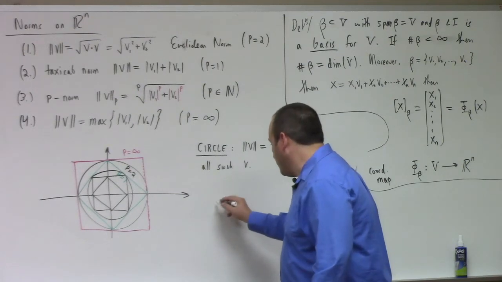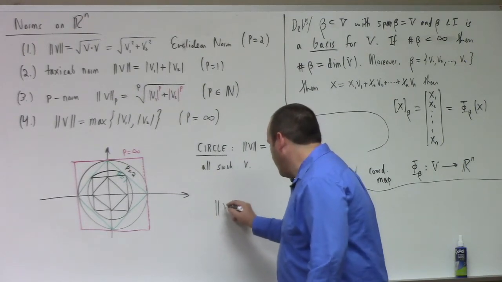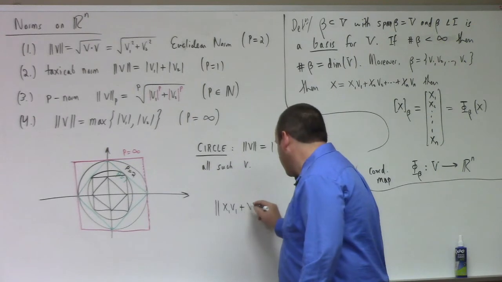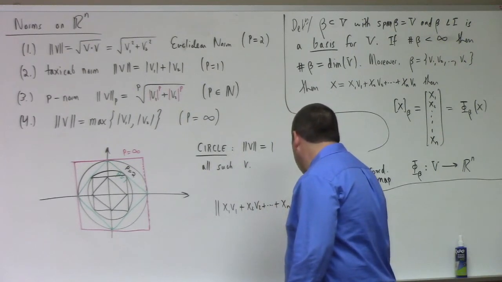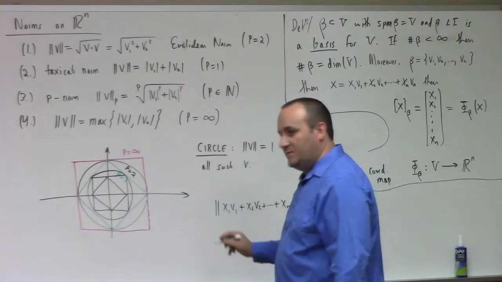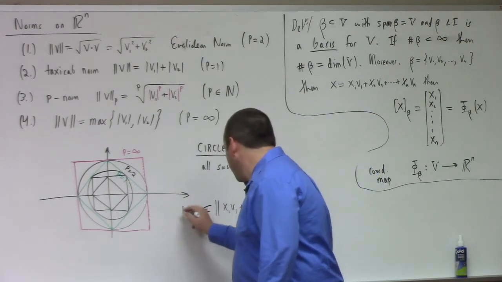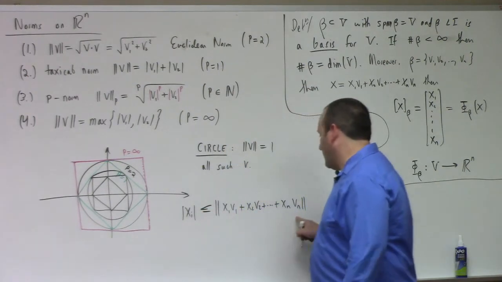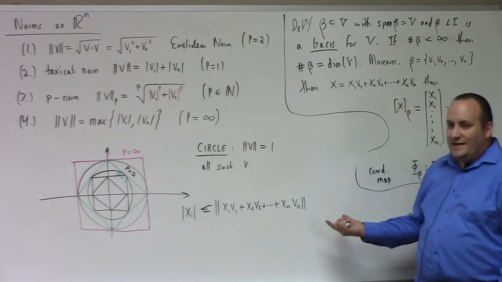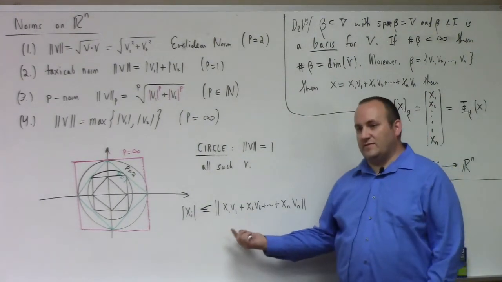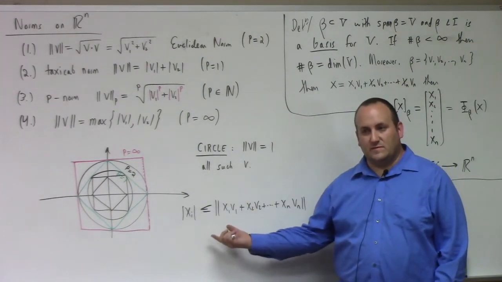If I have the norm of, say, x1 v1 plus x2 v2 plus up to xn vn, well, that should be greater than or equal to the absolute value of any particular component. Here v1 through vn is the basis. So how could that not happen? This is certainly true for the standard basis.